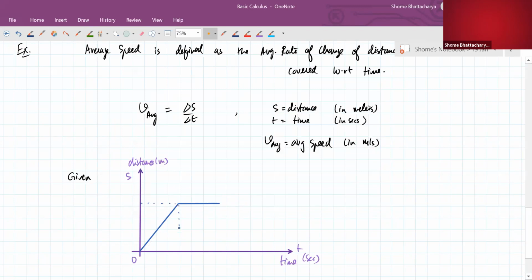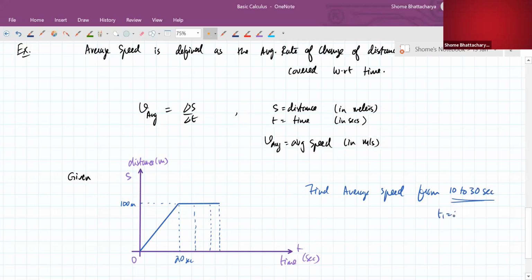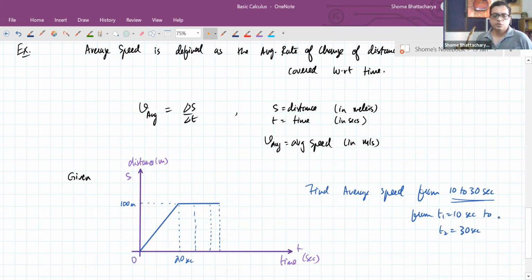The distance increases linearly from, let's say, 0 to 100 meters in a time of 0 to 20 seconds, and then it remains constant. We want to find the average speed from 10 to 30 seconds, from the time t1 equal to 10 seconds to the time t2 equal to 30 seconds. At this stage, you can pause the video and try this question yourself. I will put up the solution next.